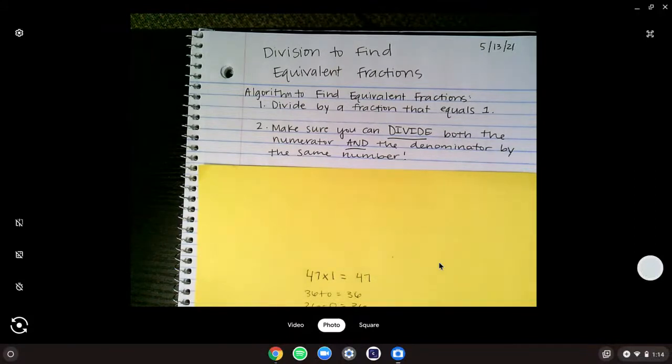Can I do 3 divided by 2 though? No. So I have to find a number that I can divide both of them by. I could divide by 3, couldn't I? I can divide 6 by 3, and I can divide 3 by 3. And I don't want to divide by 1, because what's that going to do? It's going to make it the exact same. We know that. We want to use equivalent fractions, not the same fraction. An equivalent one.